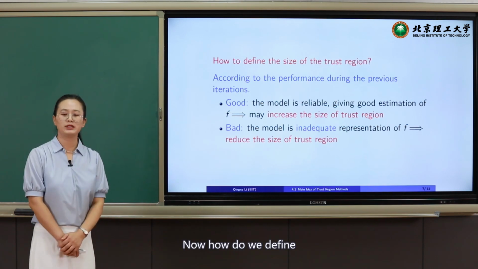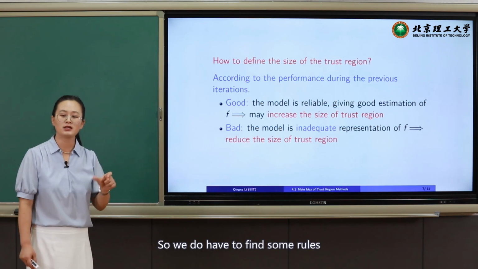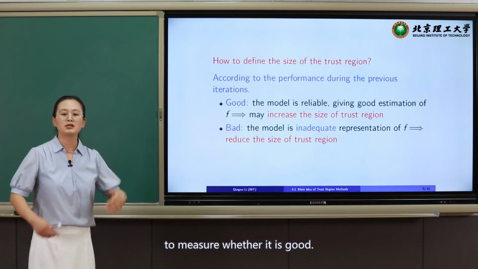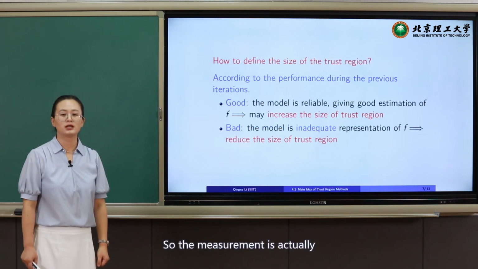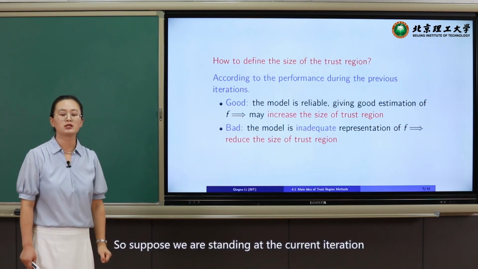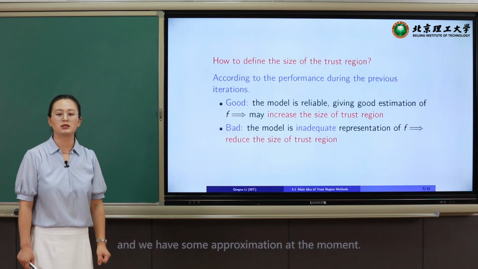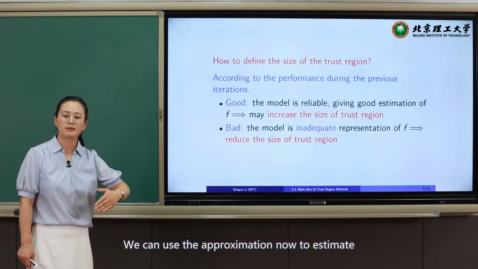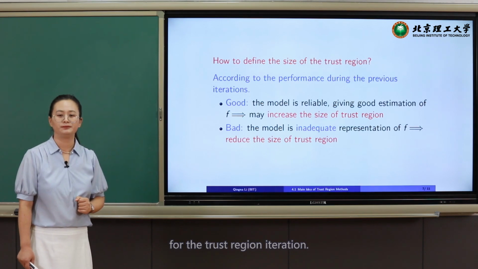Now, how do we define the size of trust region? We have to find some rules to measure whether it is good. The measurement is that we use the previous iteration. Suppose we are standing at the current iteration and we have some approximation at the moment, so we can use the approximation to estimate what will happen next for the trust region iteration.